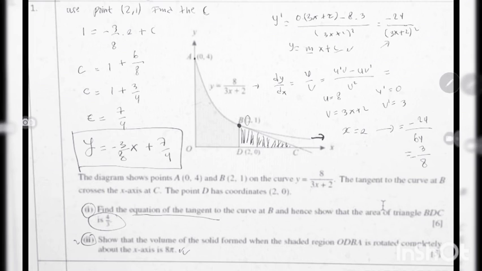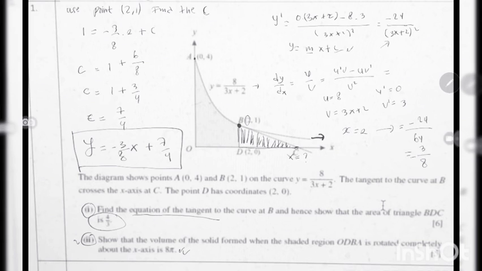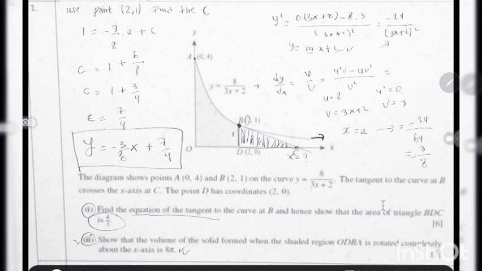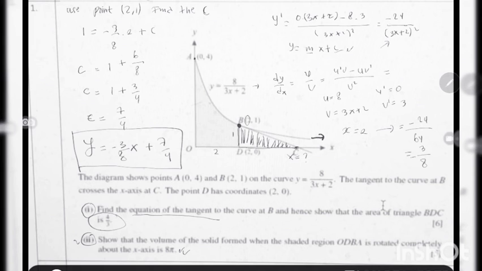So to find the area, you need to find what x is here, and then you can find the length of this. We already know the length of BD is equal to 1, because this is y, but you need to find this length. So when this equals 2, and then you need to find c. So to find this length, you find x first.